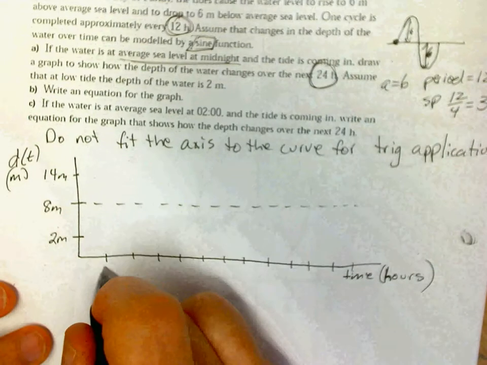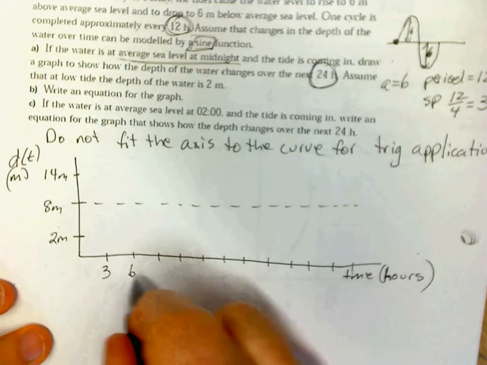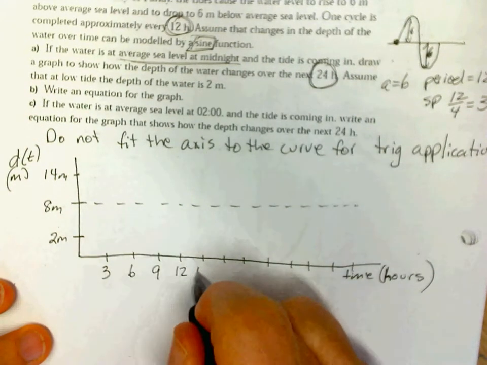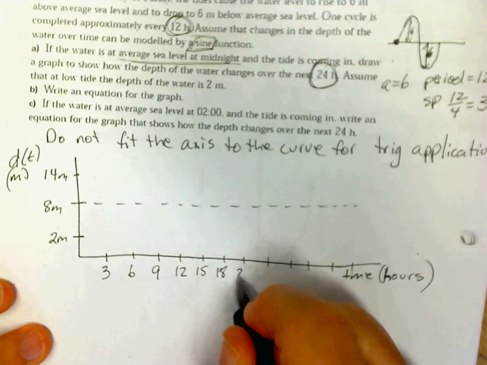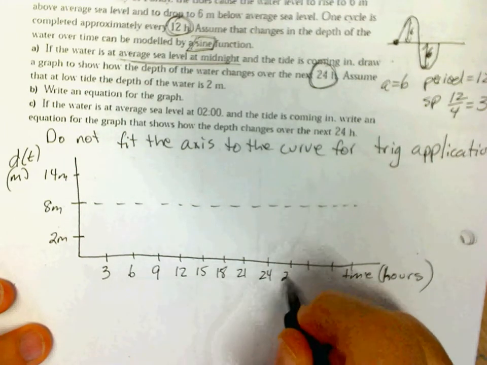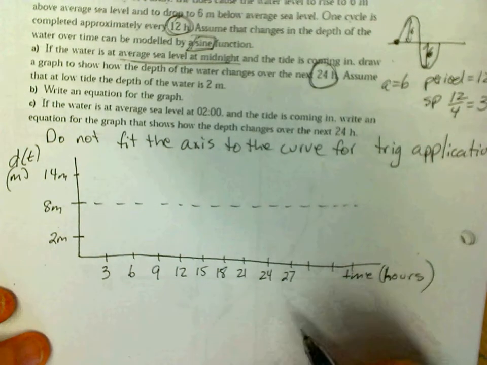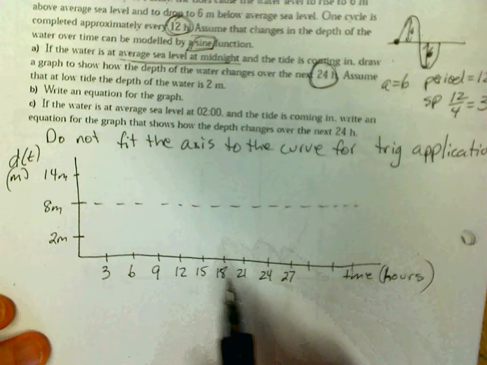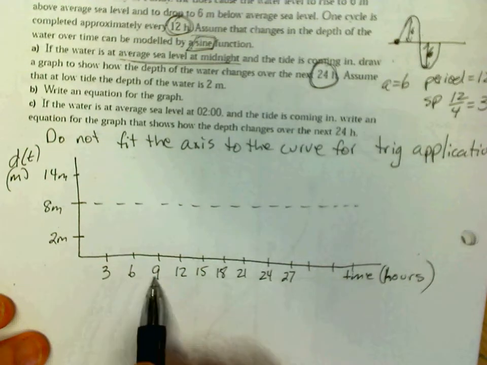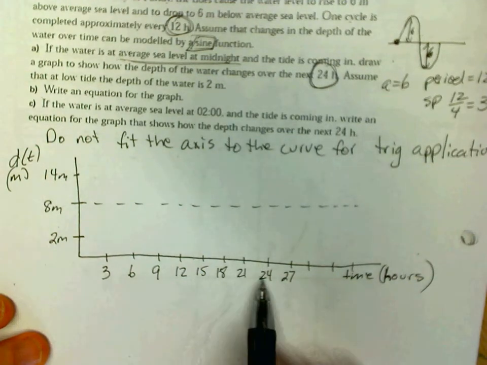So this is going to be 3, 6, 9, 12, plus 3, plus 3, plus 3.